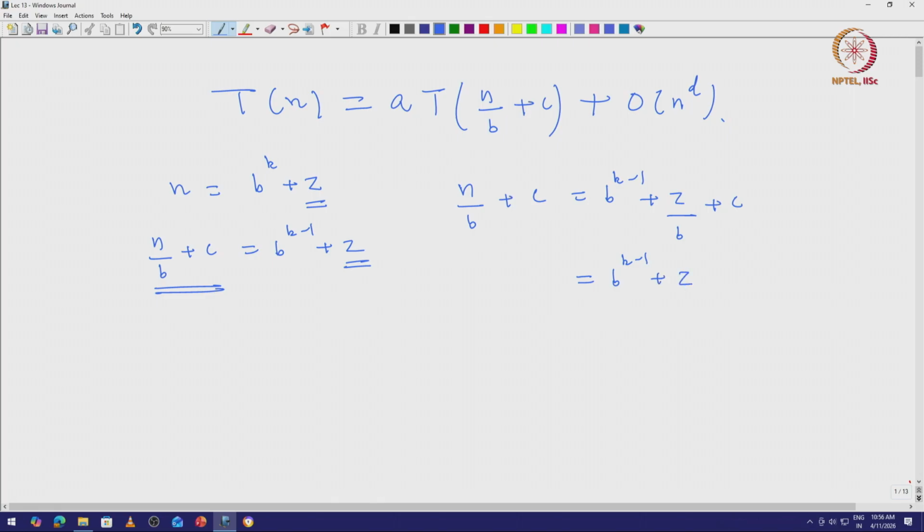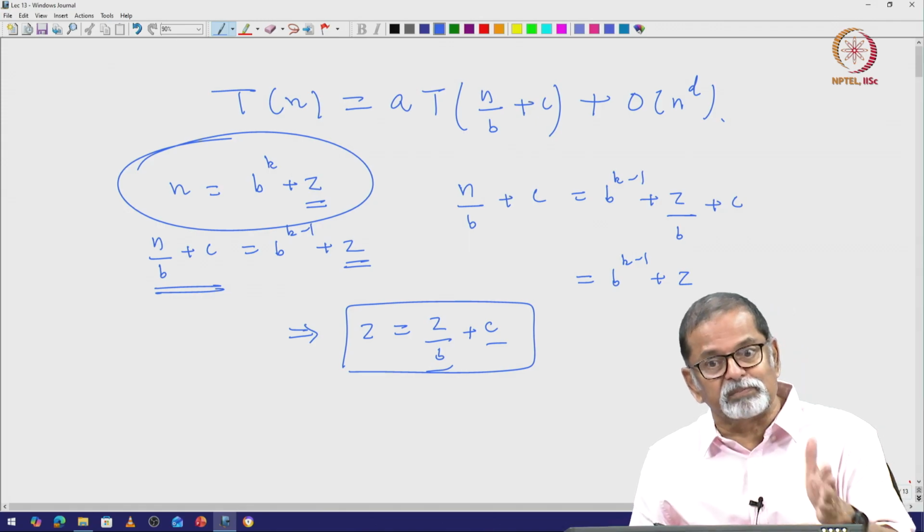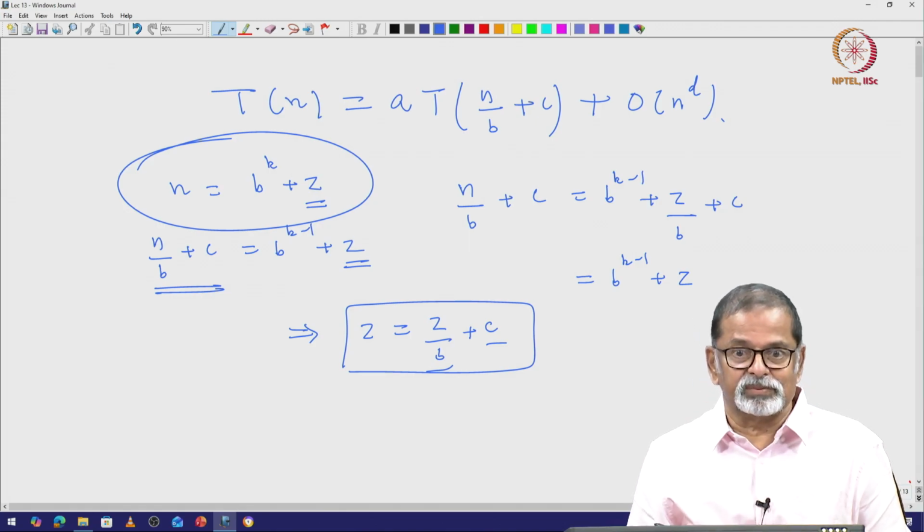Therefore, I want z such that z equal to z by b plus c. So, you have to play around with the numbers. You have b and c, which are known. In what way do I choose z so that z equals z by b plus c? If I have one such z, then I define the infinite series by b power k plus that z value, and it will work.